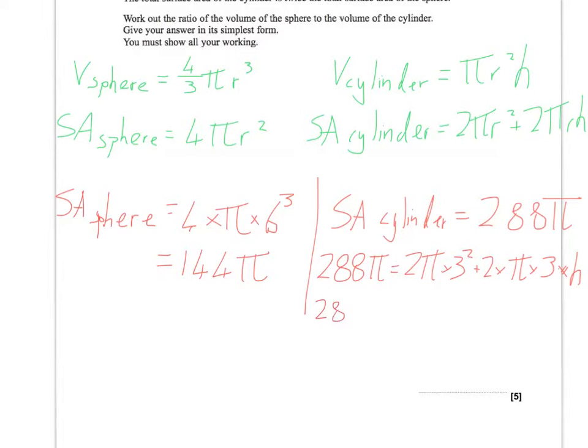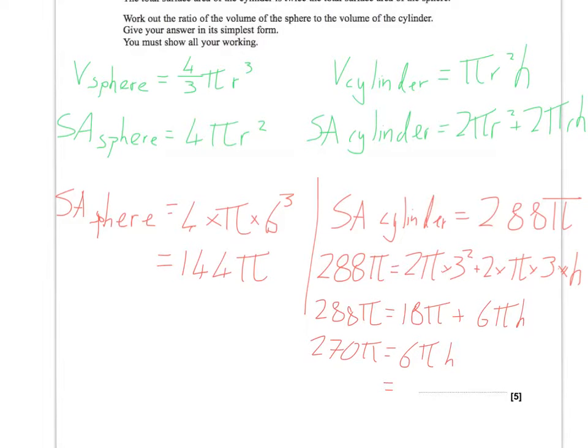So, first I'm going to simplify that right hand side. Well, that's 9 times 2, so it's 18 pi, plus 2 times 3, so 6 pi h. So if I just take away 18 pi first, I get 270 pi on this side, equal to 6 pi h on that side.